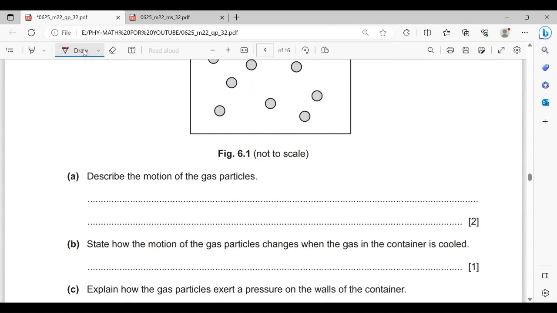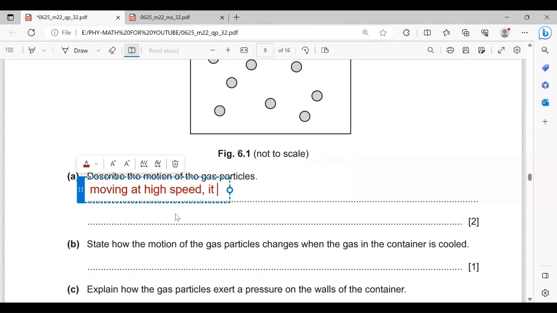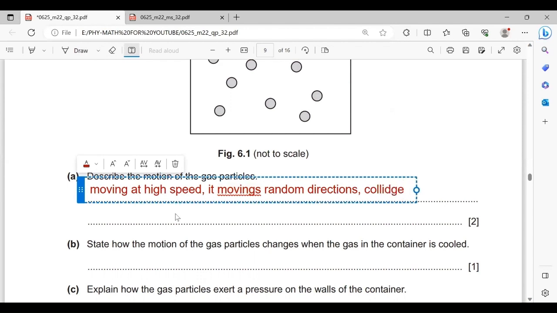Okay, the gas particles are moving at high speed, and they move in random directions, and they collide with other particles.